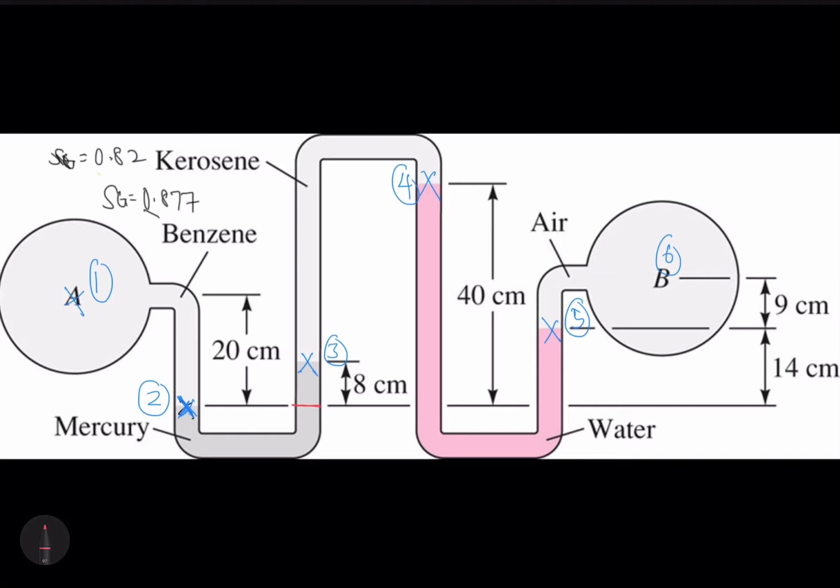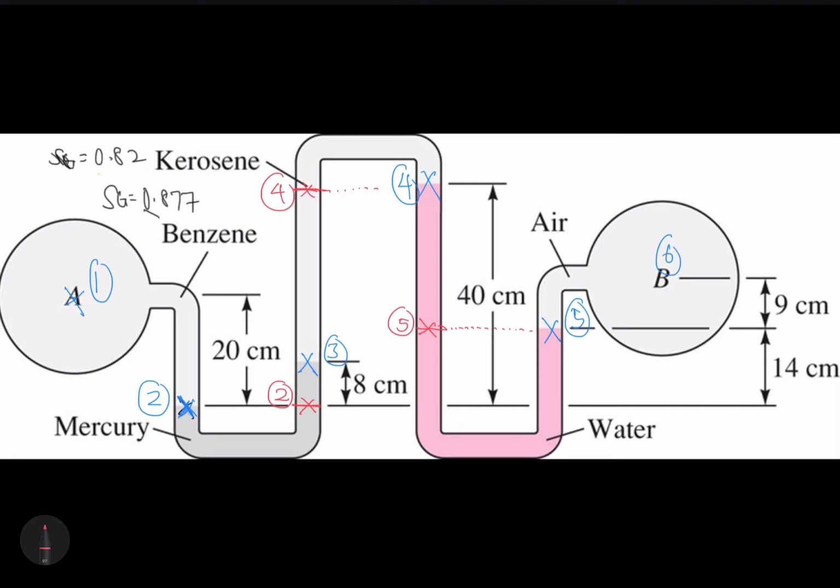So the red line here is also point 2. It is the same with point 4 here, in the same fluid at the same level. And also point 5 here, because it is in the same fluid at the same level. This is point 5.